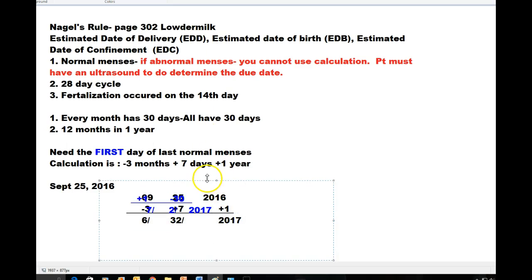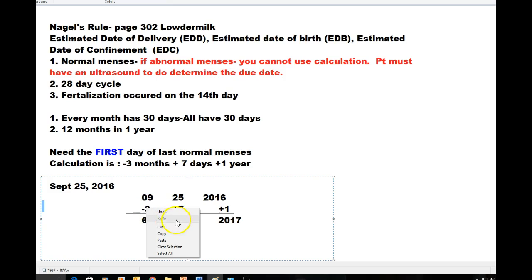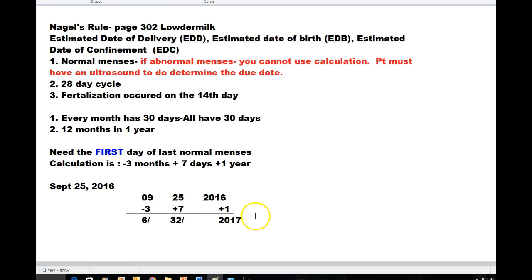Let's do one that's a little bit harder, okay? Sorry, I'm just trying to cut this out. Having a little bit of a difficult time. Okay, so I can't do that.